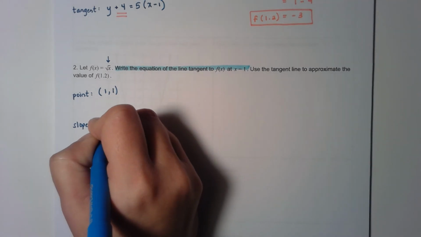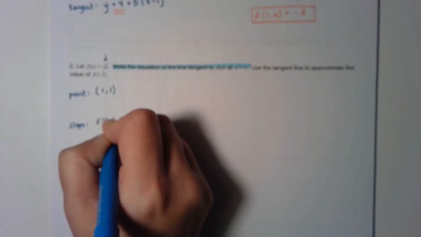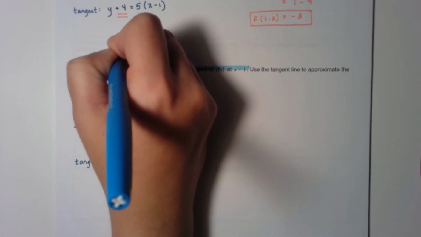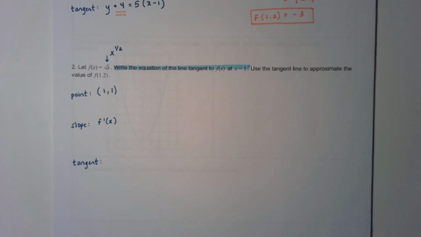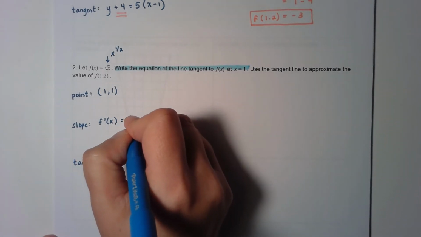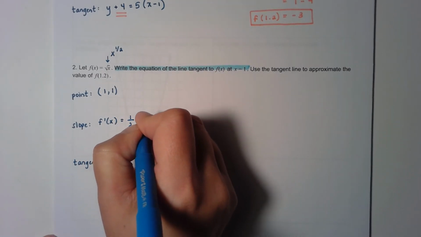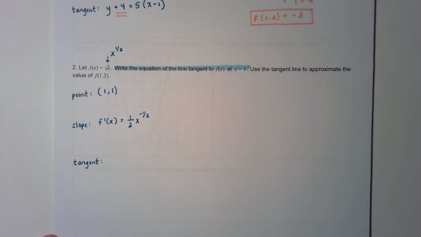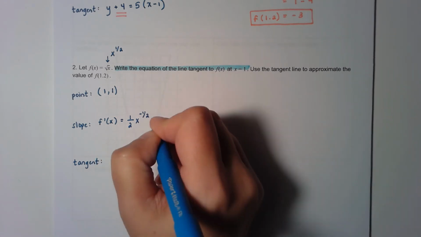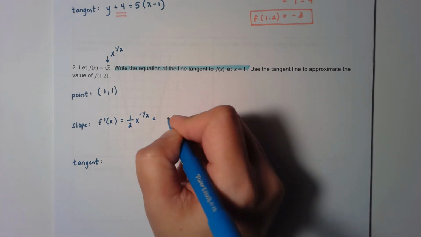To figure out my slope, I need to actually take the derivative. I think it's easier to take the derivative if I rewrite this as x to the 1/2 power. So then the derivative would just be 1/2 x to the -1/2 power. And then I find it easier to substitute in a value if I kind of move that to the denominator.